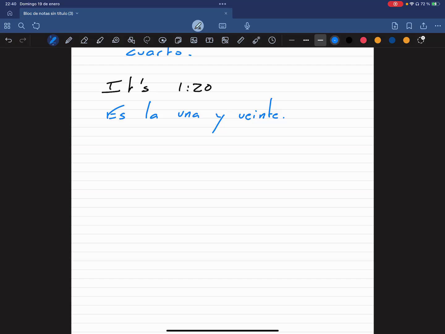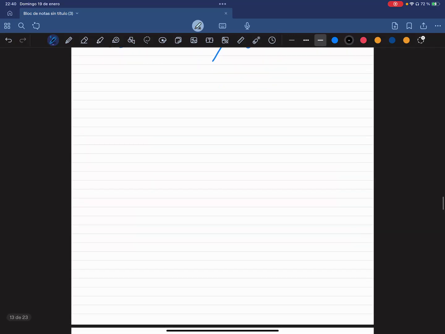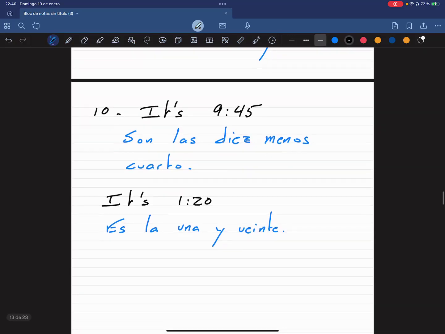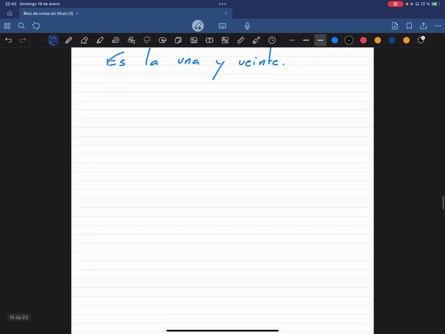Es la 1:20. Vale, we will go back to the time later. Let me give you more sentences. For example, okay, this was sentence number 11. Let's go for number 12.